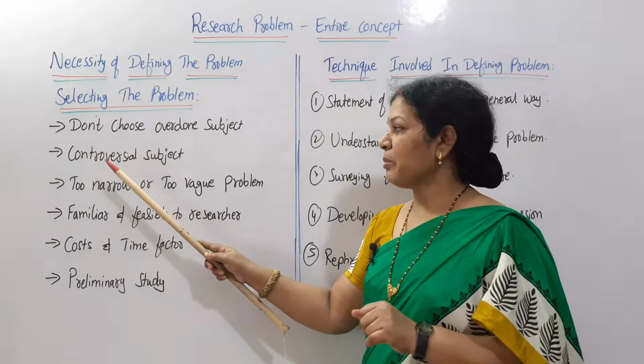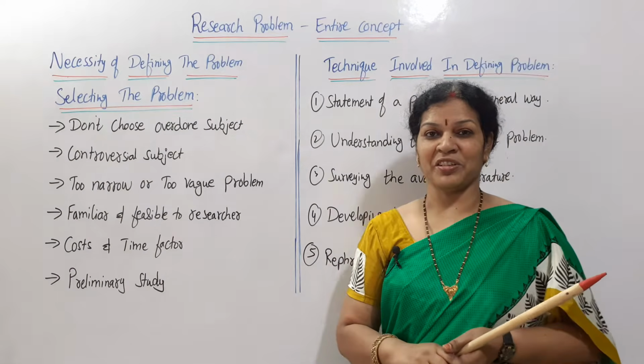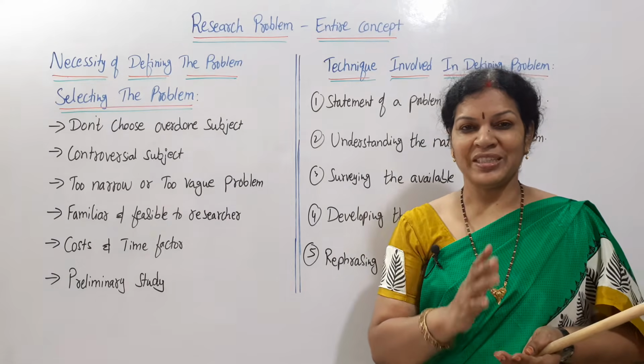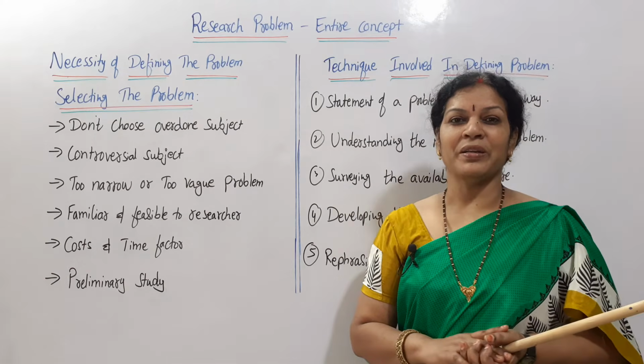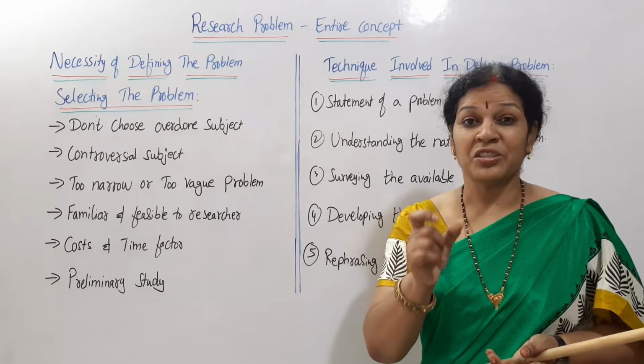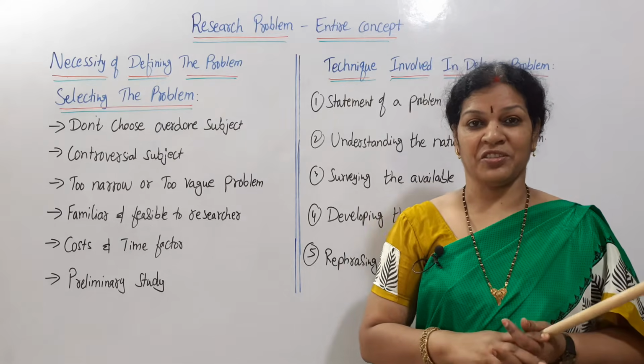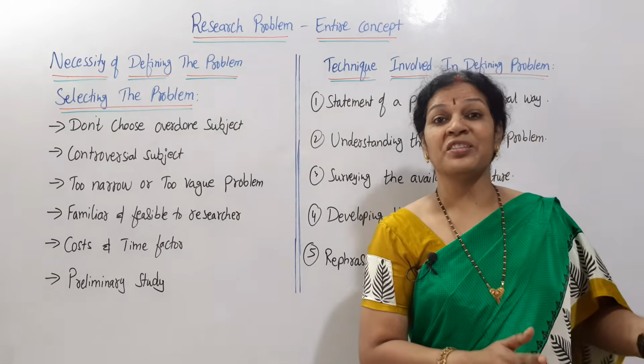You also have to remember that sometimes you will find a controversial subject. This type of controversial subject is better to avoid, especially by a researcher who does not have much knowledge, a medium type of researcher who is new to the research work.